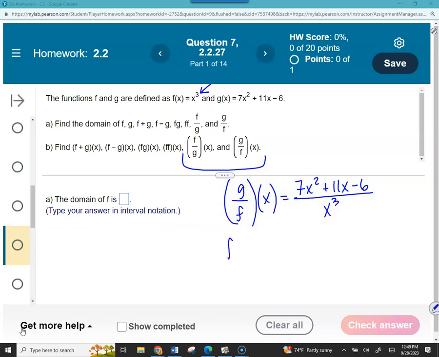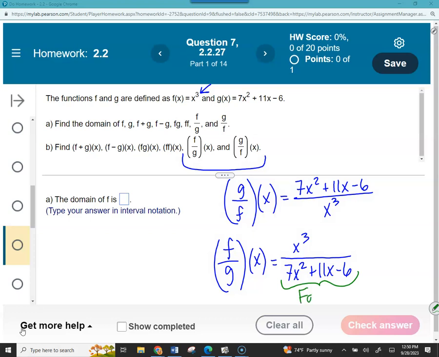But now when you switch them, literally switching them, you have more to do now. You have to take this and factor it to see what makes it 0.